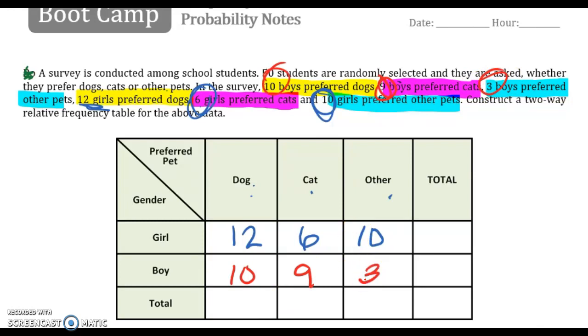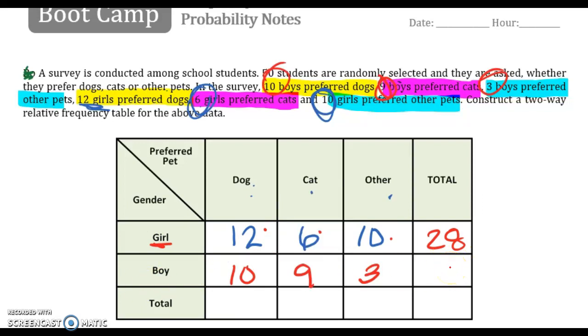So after you do this, then the next step is to calculate all your different totals. Now, you just need to be careful when you're calculating your totals that you calculate correctly. So all you have to do is just add across the row. So I'm going to do 12 plus 6 plus 10, and that makes 28. So in this study, there are 28 total girls. Go this way across this row.